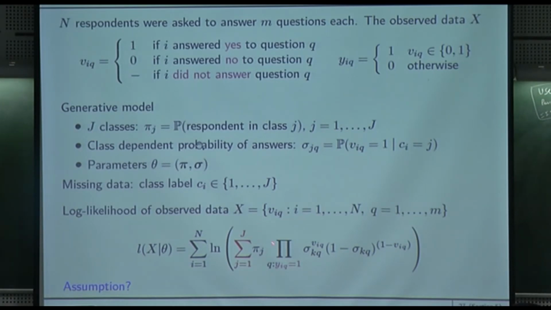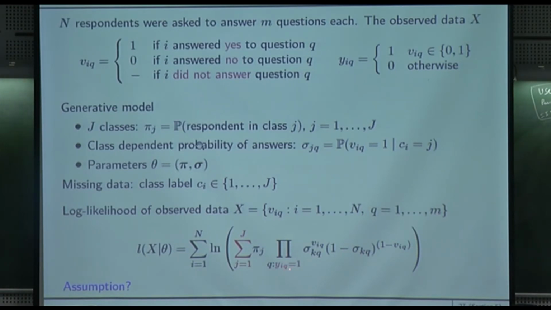If that respondent belongs to class j, then if that respondent answers the question, that is V_iq is 1 or 0, meaning they answered yes or no, then I know that the probability of that is sigma_kq to the power V_iq, times 1 minus sigma_kq to the power 1 minus V_iq. This is simply binomial.